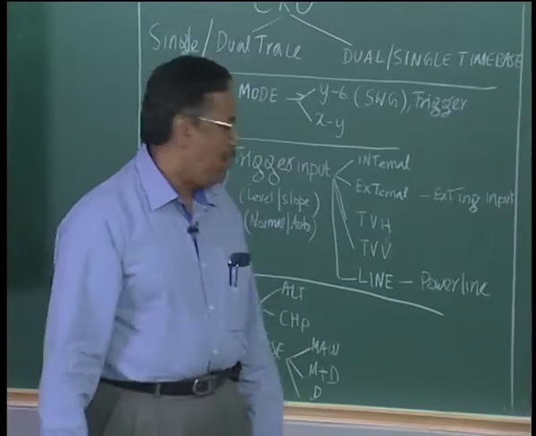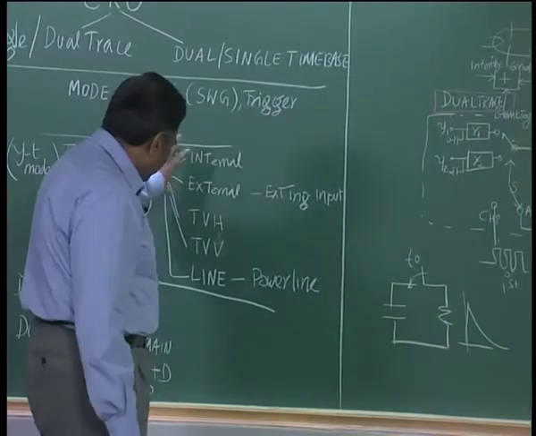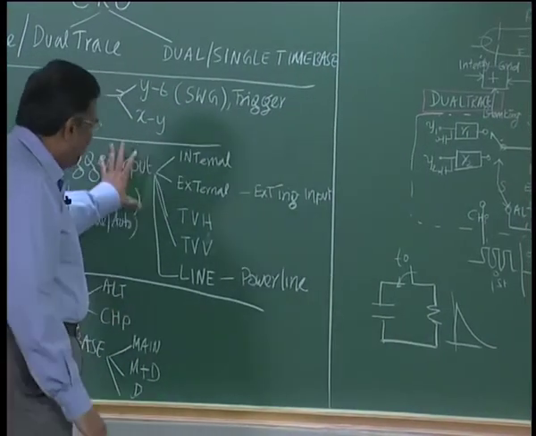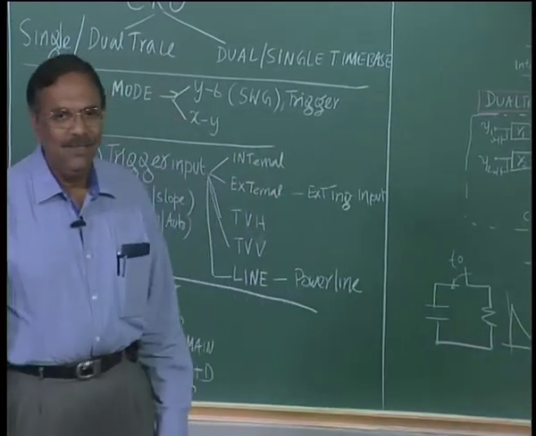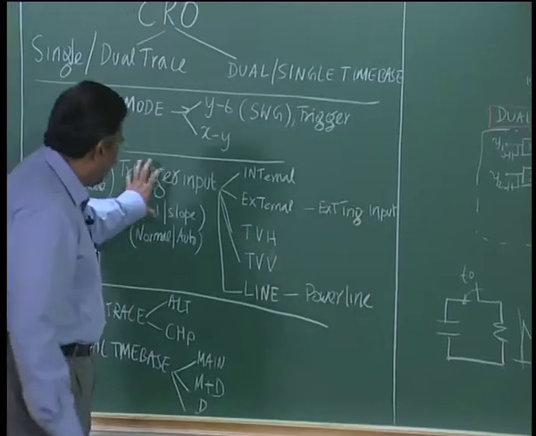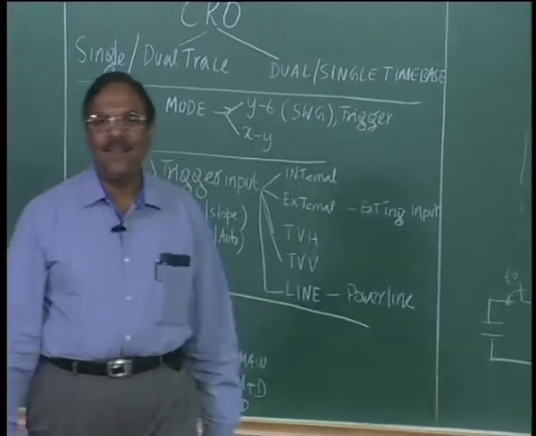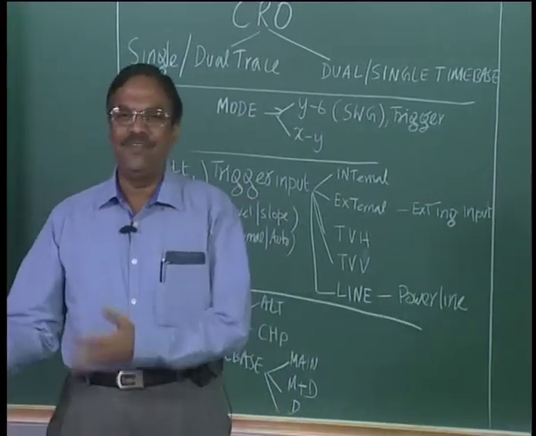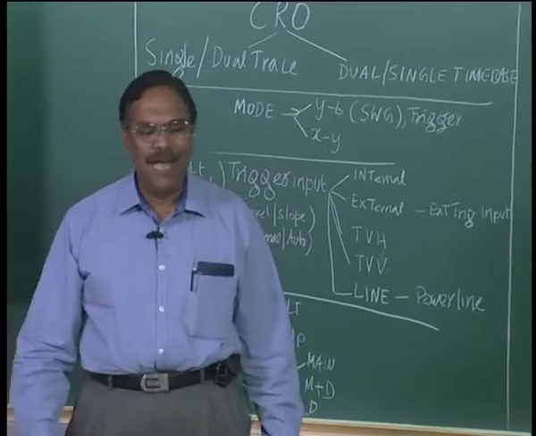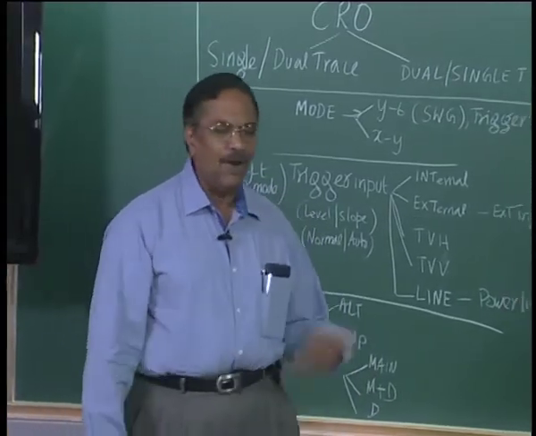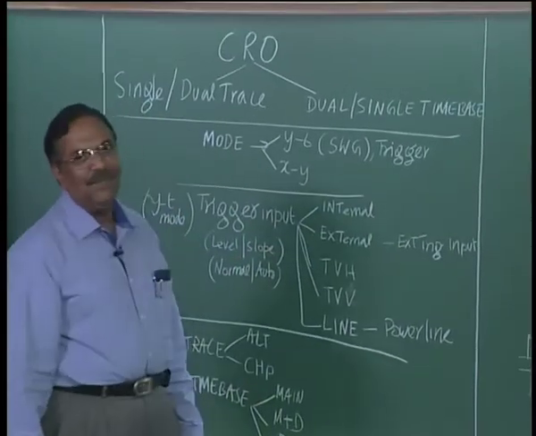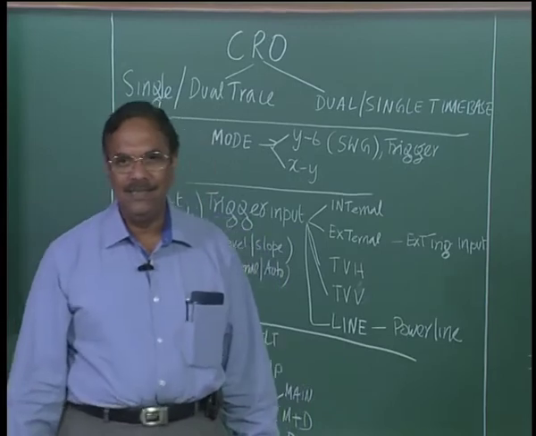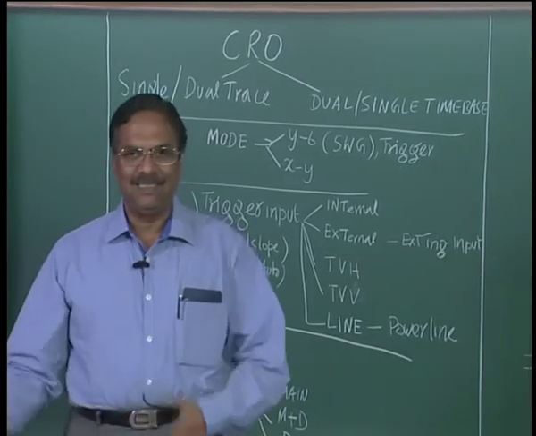Apart from these, some of the oscilloscope manufacturers also give you some additional things, like you can put a filter at the trigger input and filter out all the low frequency signals, or put a low pass filter and filter all the high frequency signals.